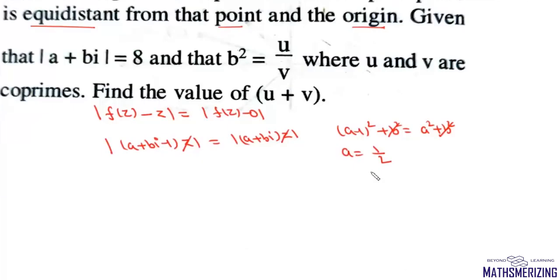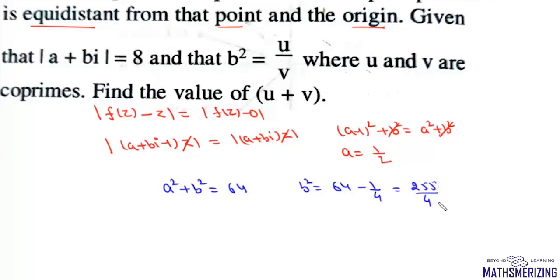Now, once we have this a, we can find the value of b². Now, we are given that mod of a + ιb is 8. That means a² + b² will be 64. So, the value of b² will be 64 − 1/4, so it will be 255/4.